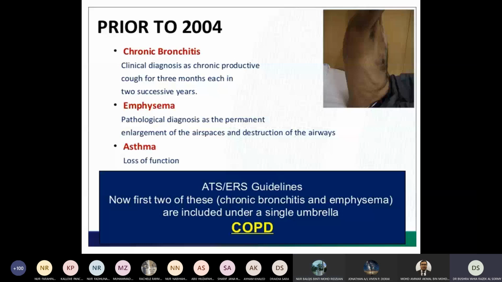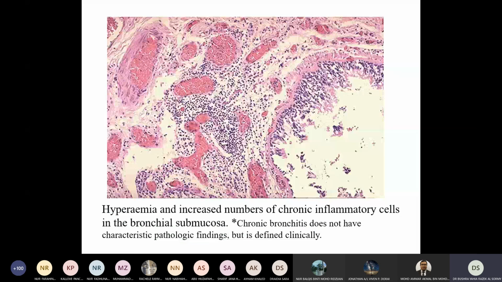Because in chronic bronchitis, you can see hyperemia in the blood vessels, because of the inflammation, all these cytokines released from the tobacco and also from the inflammatory cells. The blood vessels are congested because the cells are coming from the blood.